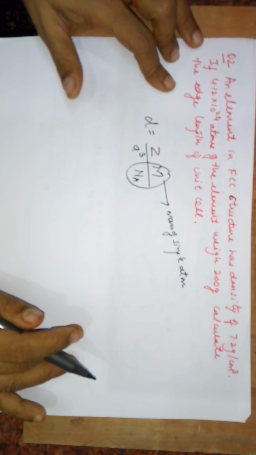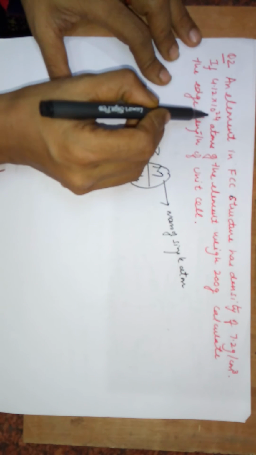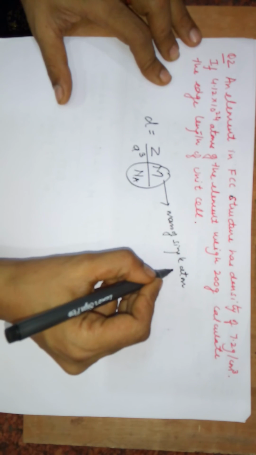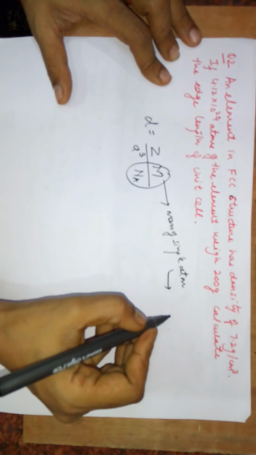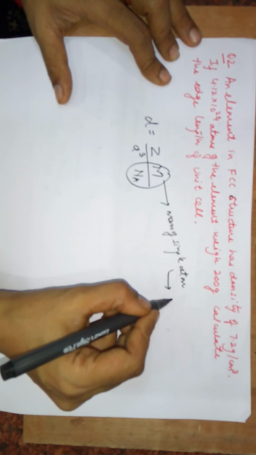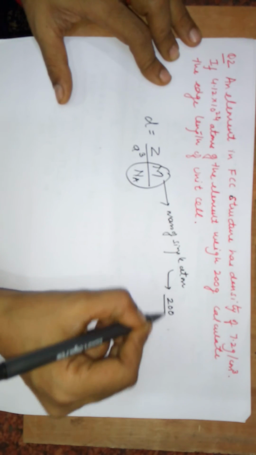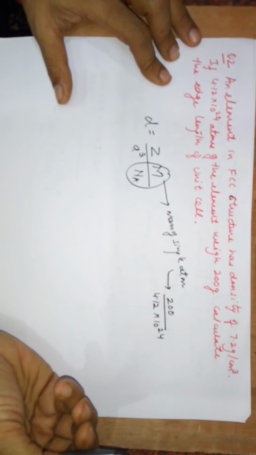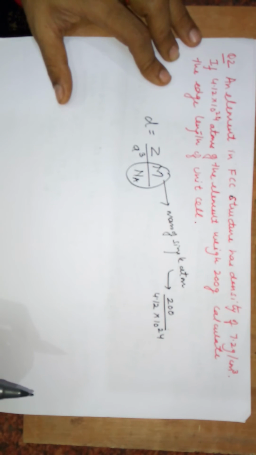The information in the question is these many atoms weigh 200 grams. Therefore, the mass of the single atom for this question can be calculated as 200 divided by 4.12 times 10 to the power 24, which will give you the mass of a single atom.